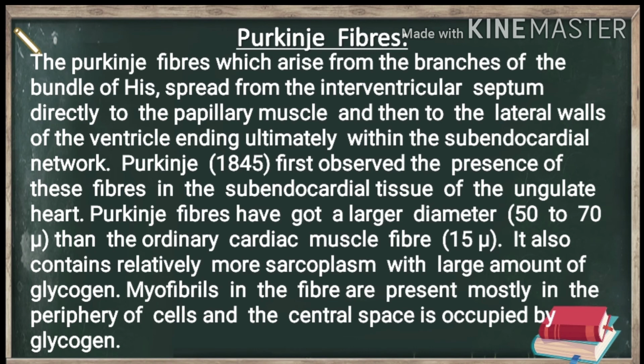Purkinje fibers have a larger diameter than the ordinary cardiac muscle fiber. They also contain relatively more sarcoplasm with a large amount of glycogen. Myofibrils in the fiber are present mostly in the periphery of the cell, and the central space is occupied by the glycogen.